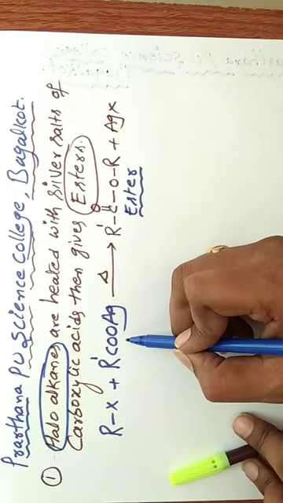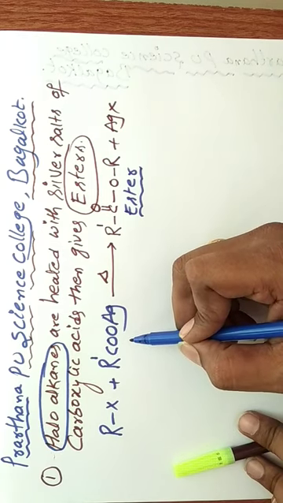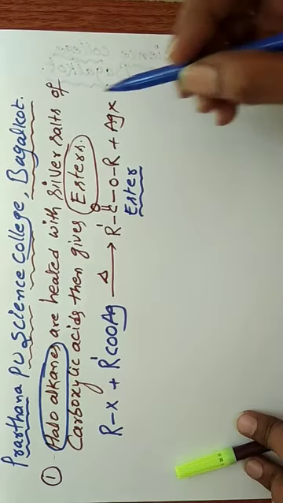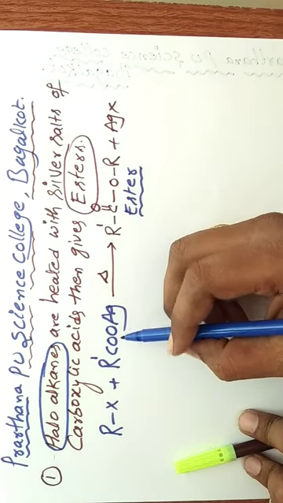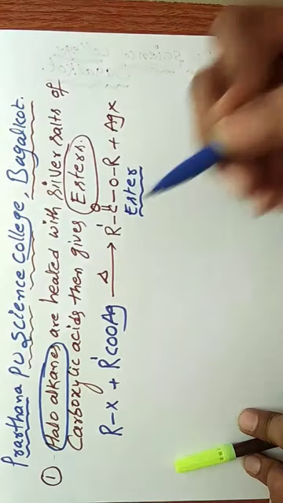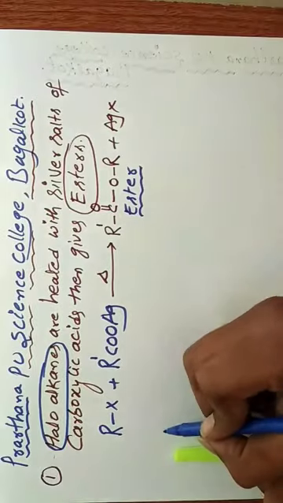How do we get silver salts of carboxylic acid generally? Already in first year we know the carboxylic acid general formula. What is the general formula of carboxylic acid?